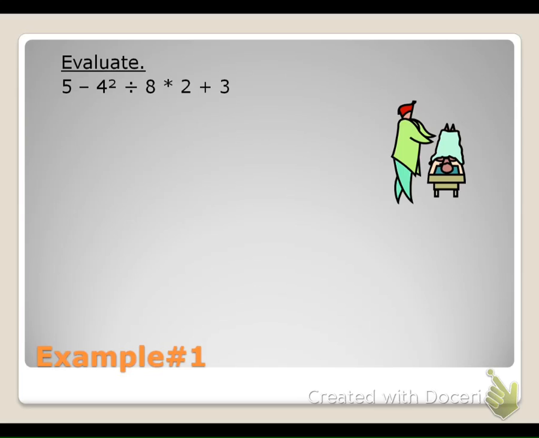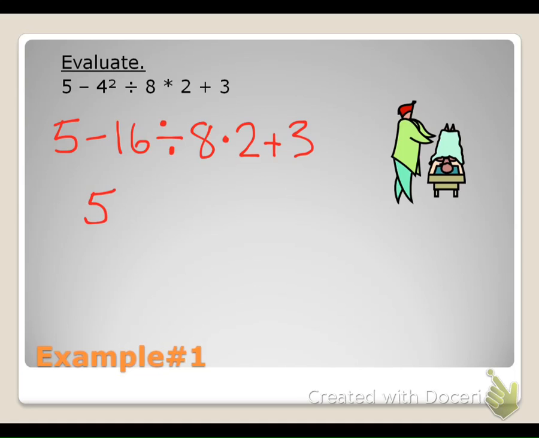All right, where would I start? The exponent, good. Normally we look for grouping symbols first, no grouping symbols here. So we're going to do the exponent. What is 4 squared? 16, good. Now what?